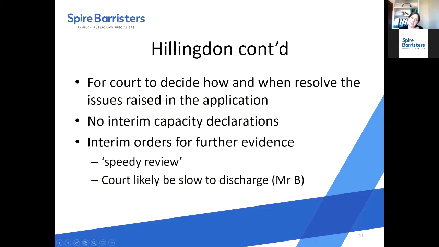Carrying on with Hillingdon then, it's for the court to decide how and when to resolve the issues raised in the application. And this was raised because of the whole interim capacity declarations and interim orders point.